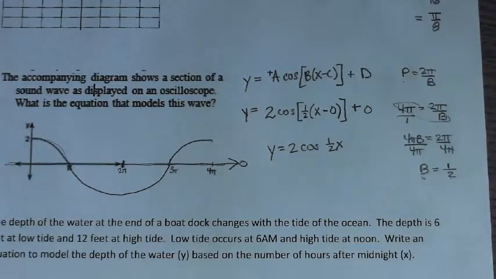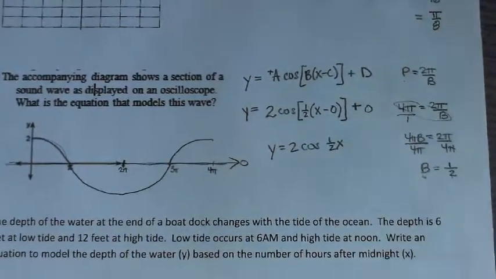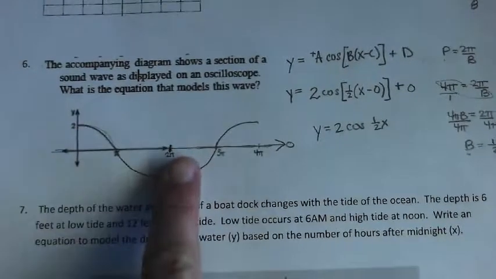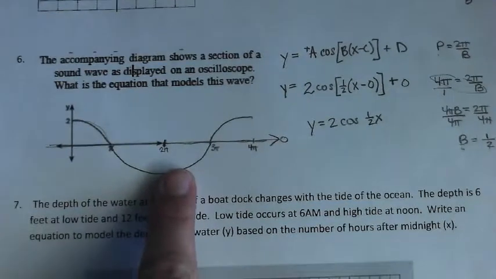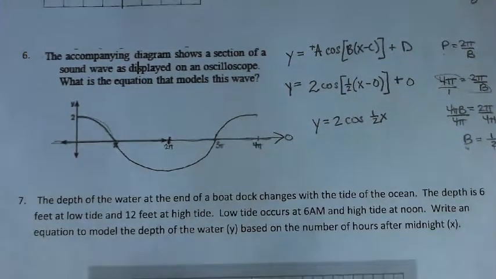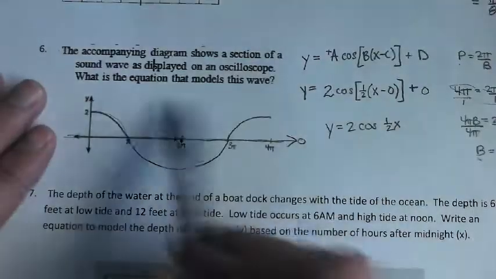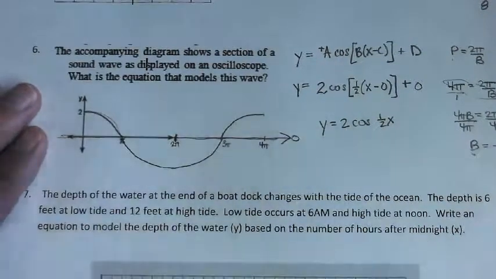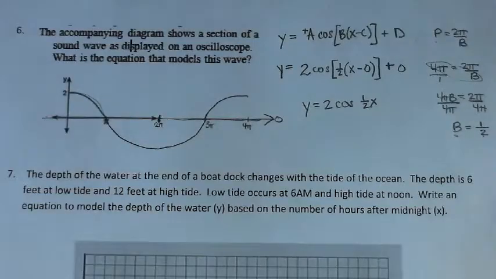Now, we're going to hold off on 7. I'm going to show you something that you have to know. I'm going to do this one again. I'm going to write a totally different equation that's going to give me the exact same graph.